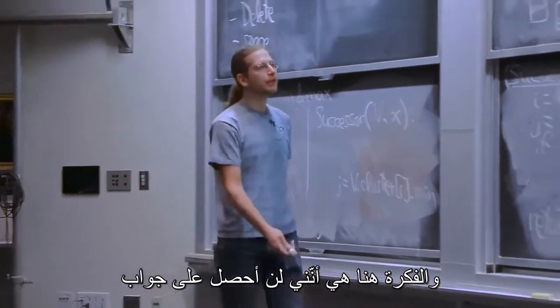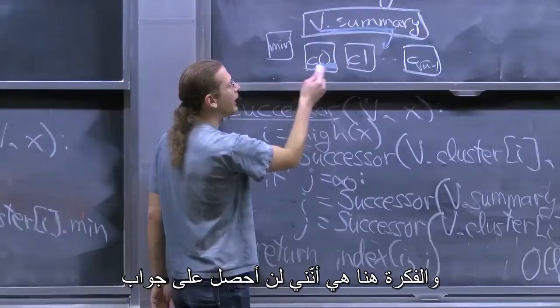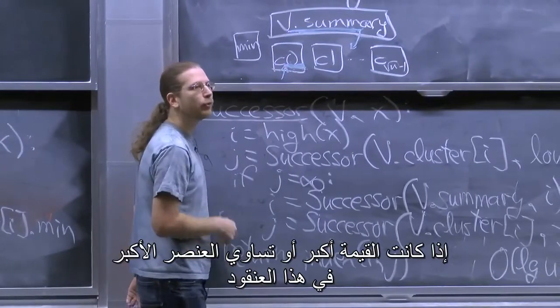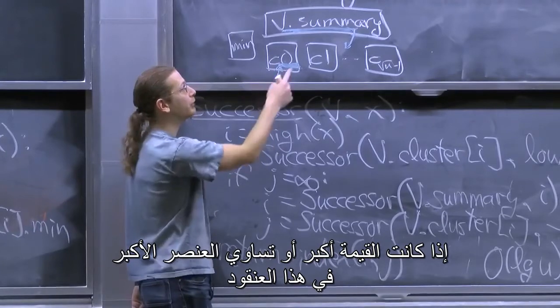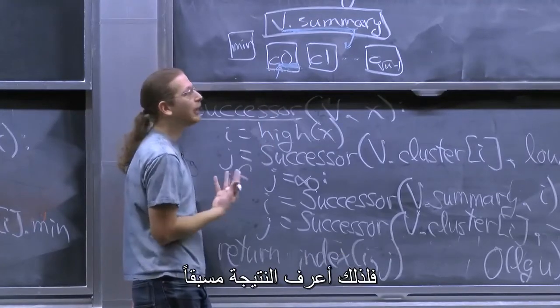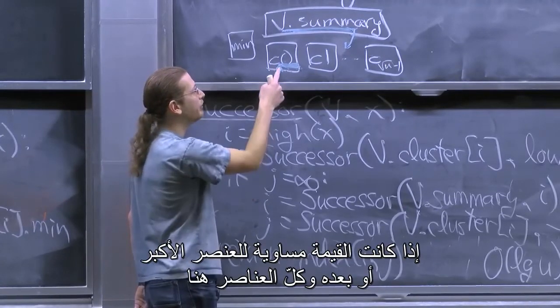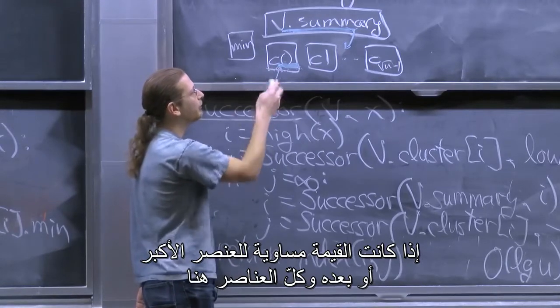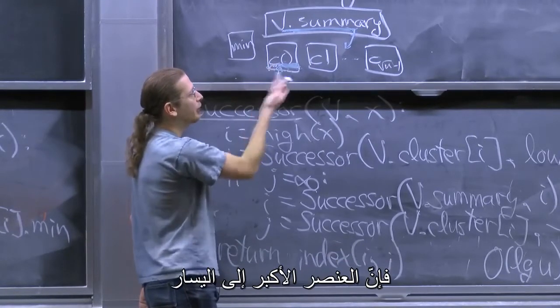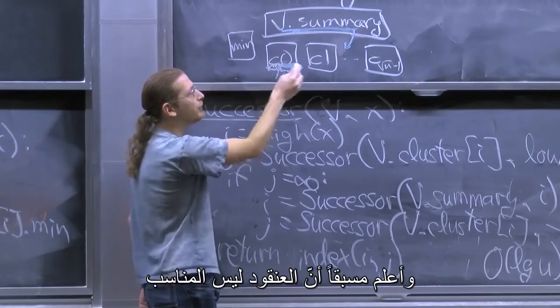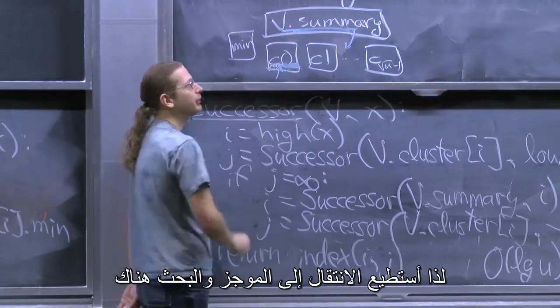And what's going on here is I won't find an answer if I'm greater than or equal to the maximum within this cluster. That's how I tell. If I'm equal to the max, or if I'm beyond the max, if all the items are over here, the max will be to my left, and then I know I will fail within the cluster, so I might as well just go up to summary and do it there.